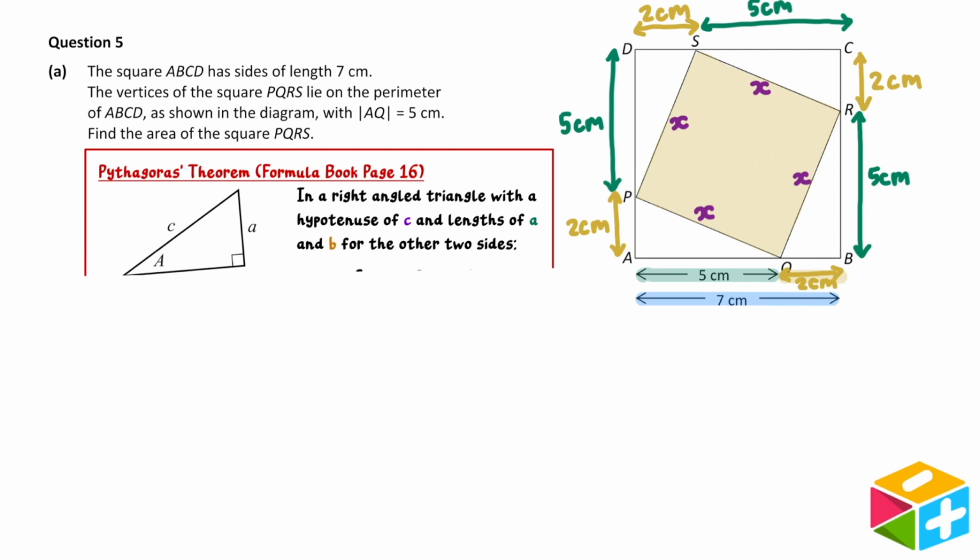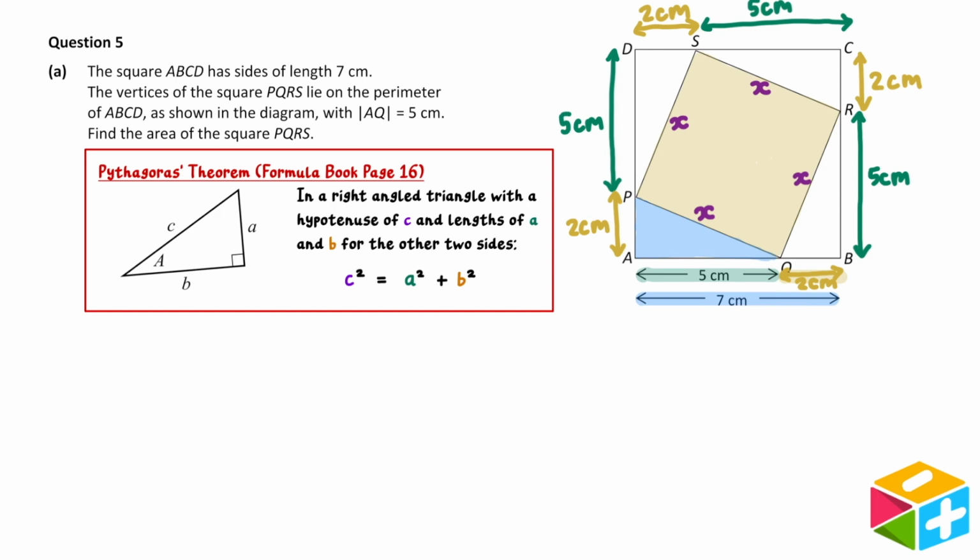To find the value of x, we can use Pythagoras' theorem. This states that in a right-angled triangle with a hypotenuse of C and lengths of A and B for the other 2 sides, C squared is equal to A squared plus B squared. Let's zoom in to the bottom left corner and focus on the triangle APQ.